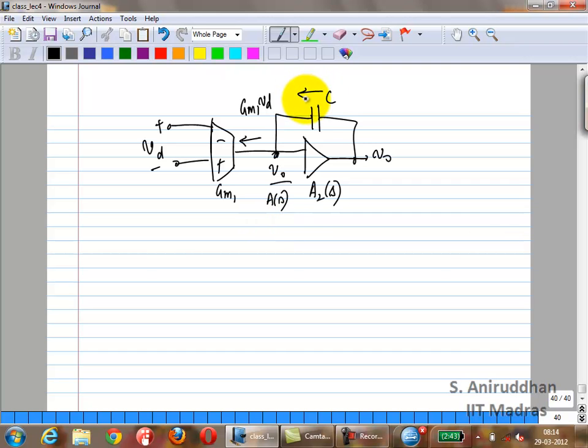What is the current through the capacitor? Okay, but you can also write it in terms of VO, right?